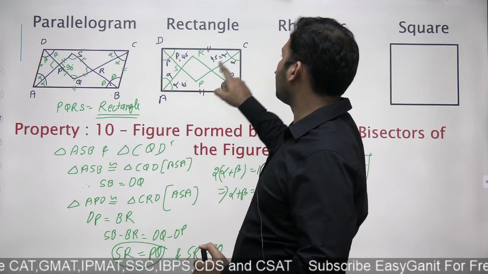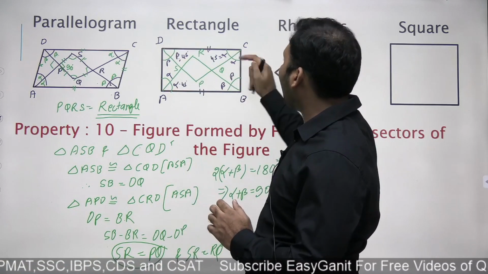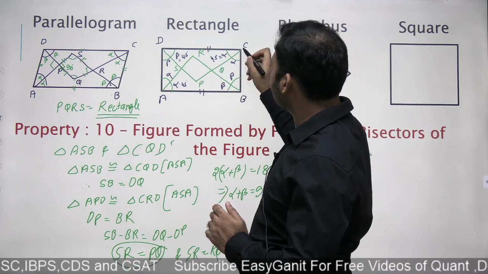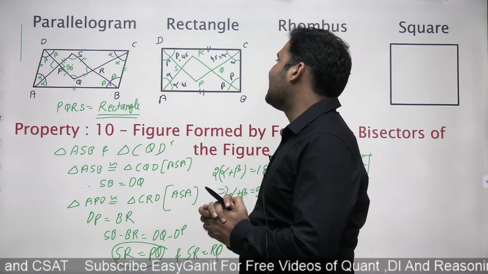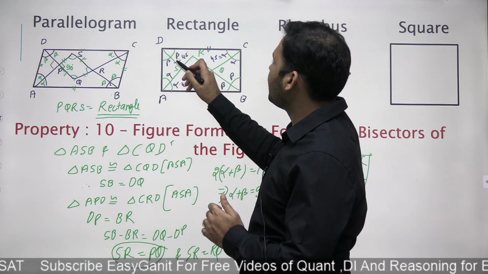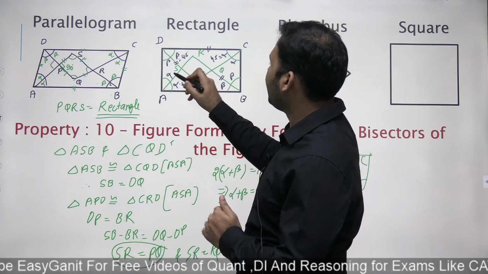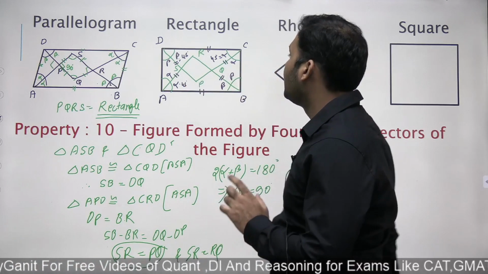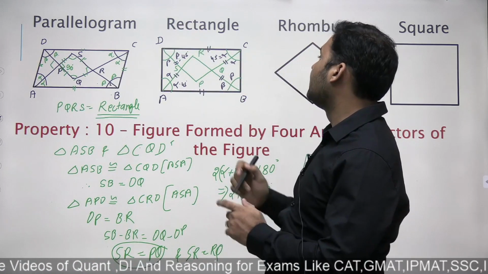So can I say this complete length will be equal if both of these two sides are equal? And we know that this triangle CQB is congruent with DSA. Now if these two triangles are congruent, the length of this will be the same as the length of this, right? Length of this will be the same as length of this. And this whole length is the same as this whole length, right?